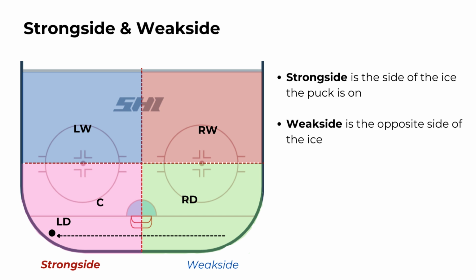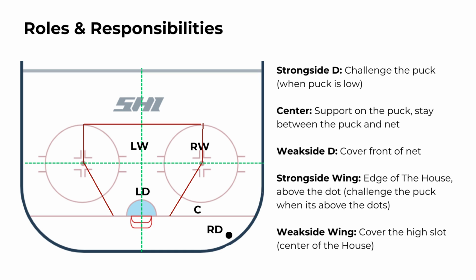In this next diagram, we've drawn an arrow to show the puck moving from the right corner to the left corner. Now, the left side of the ice is the strong side, while the right side becomes the weak side of the ice. All right, let's look at the roles and responsibilities of our 5 skaters.